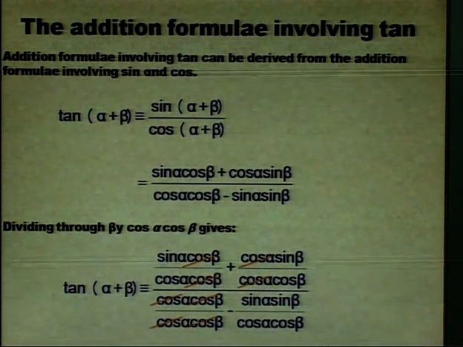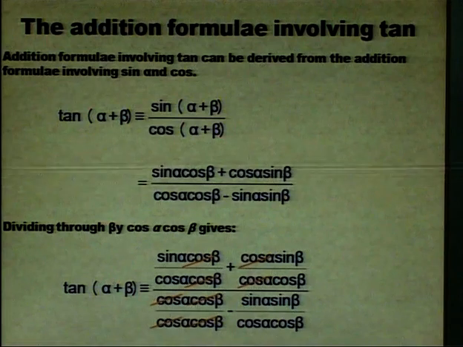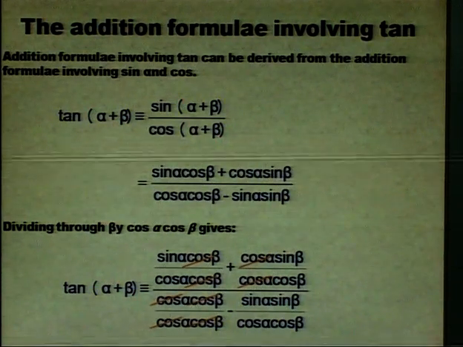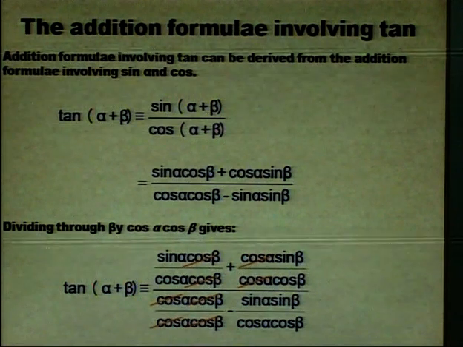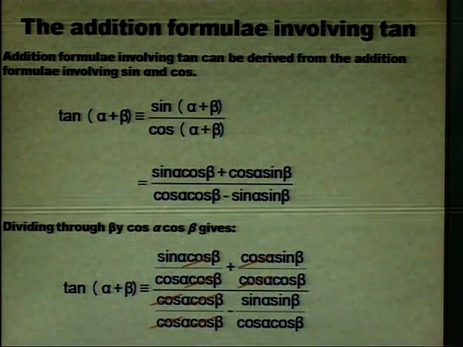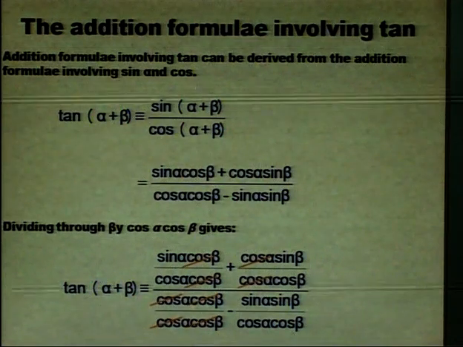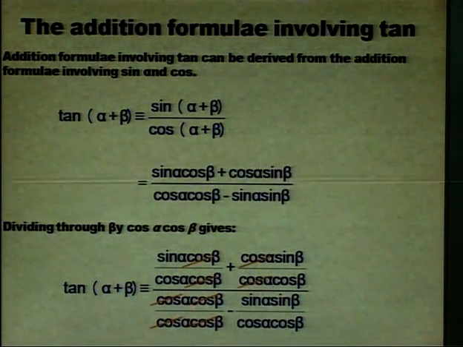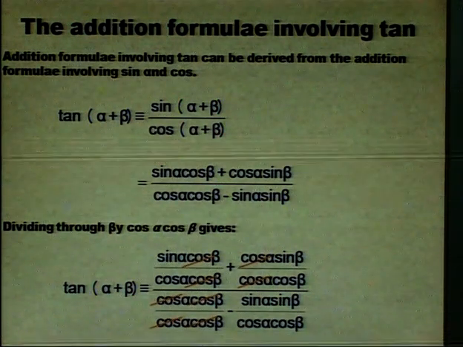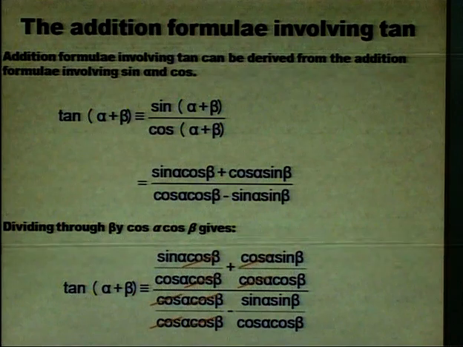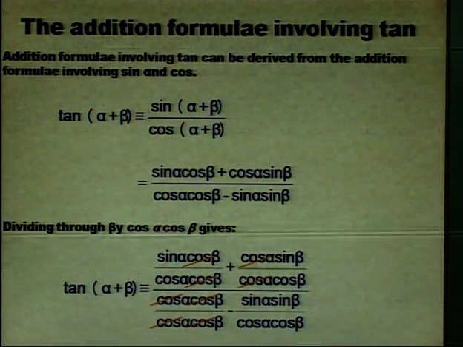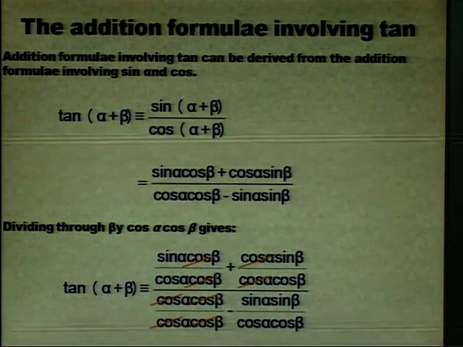Now, you will say, well, why am I dividing the numerator as well as the denominator by cos alpha cos beta? Because it is convenient: I would like to have the expression for tangent of alpha plus beta in terms of tangent alpha and tangent beta.